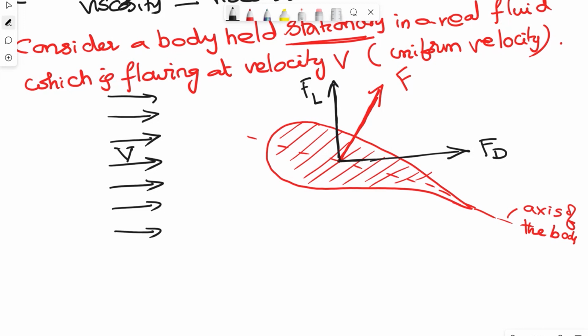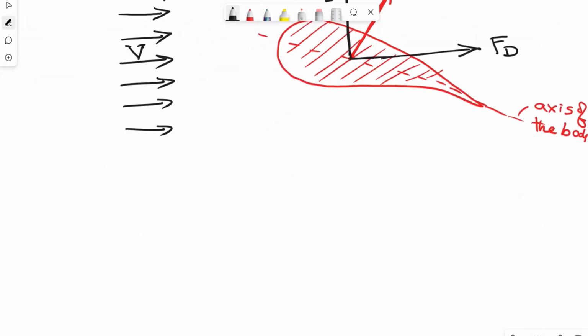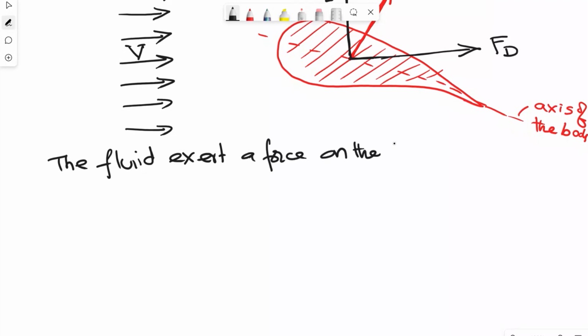So kindly remember, the fluid exerts a force, just again repeating, on the stationary body.